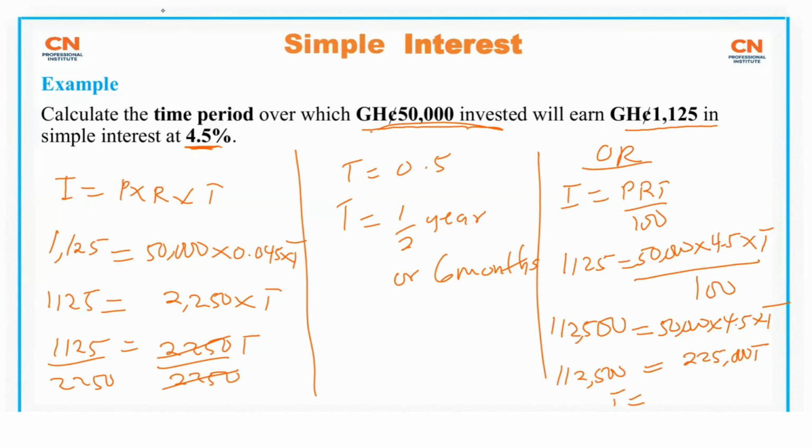So 112,500 divided by 225,000 gives me the same 0.5. Are you following? Or half a year, or 6 months. All right.